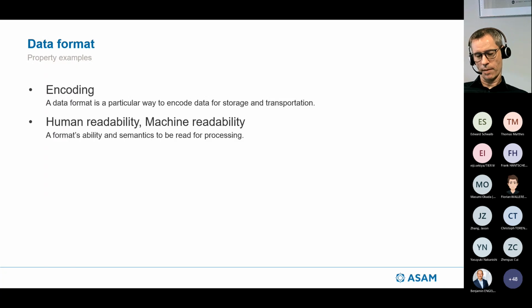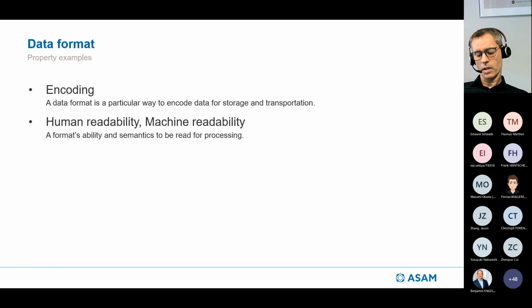So sometimes it's about human readability, machine readability. Human readability is usually about the fact that you're looking into the encoded data and really recognize what the encoded data looks like, and you can understand the encoded data a little bit.